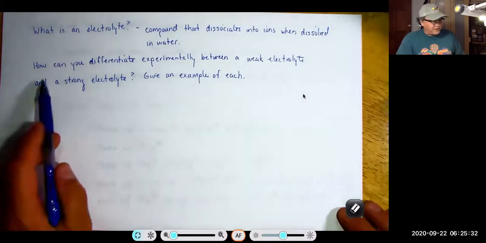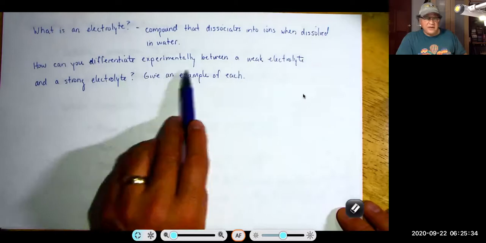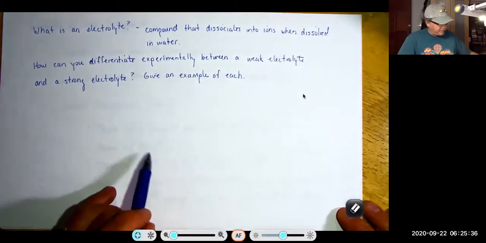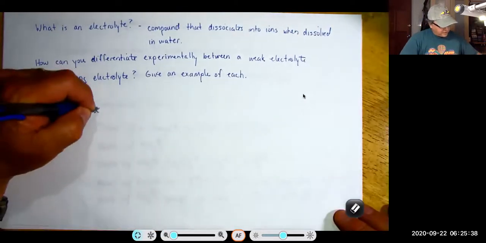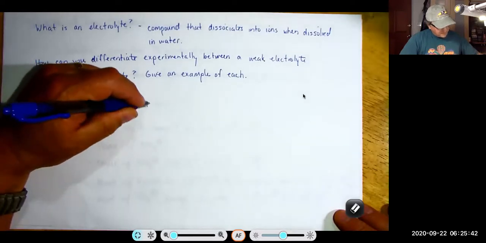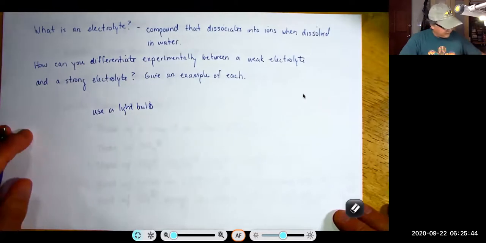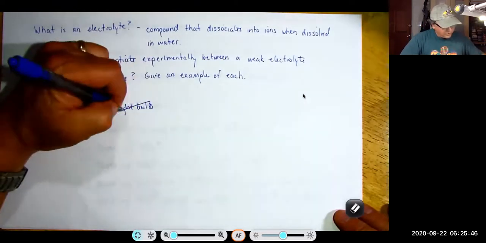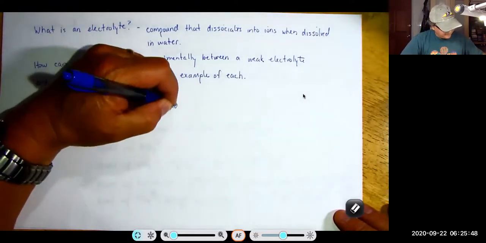How can you differentiate experimentally between a weak electrolyte and a strong electrolyte? And the answer is use a light bulb. If you want to electrocute yourself, use a conductivity meter.